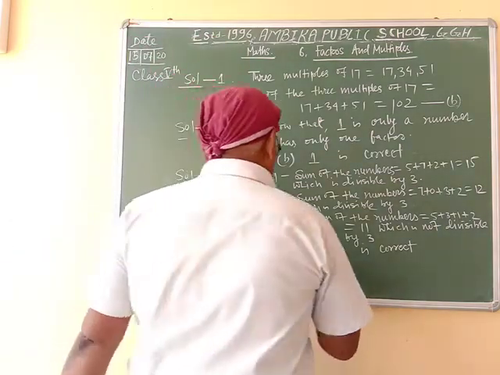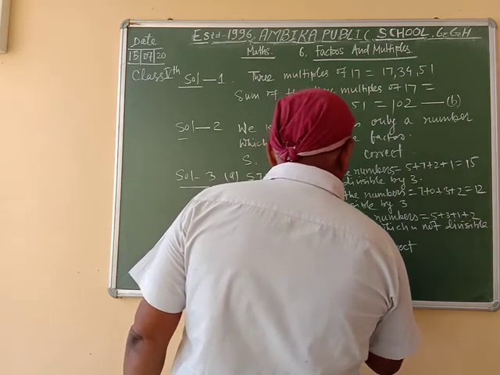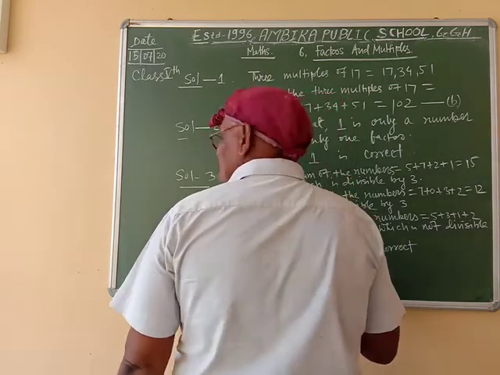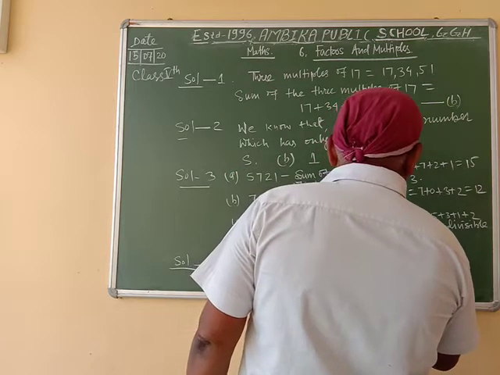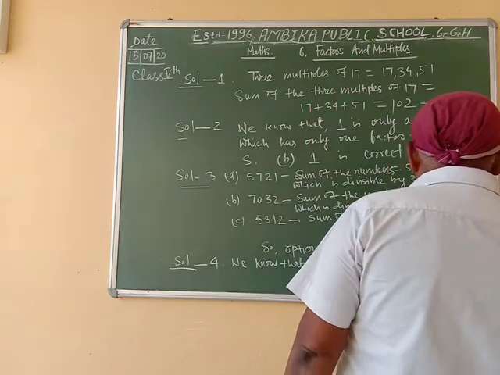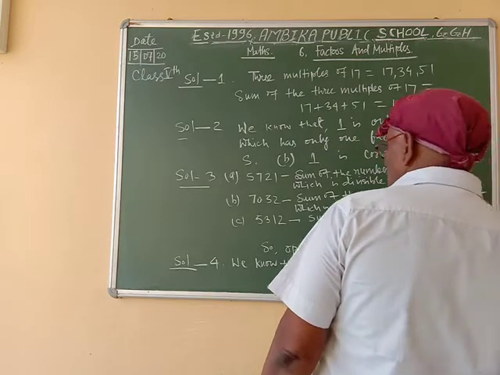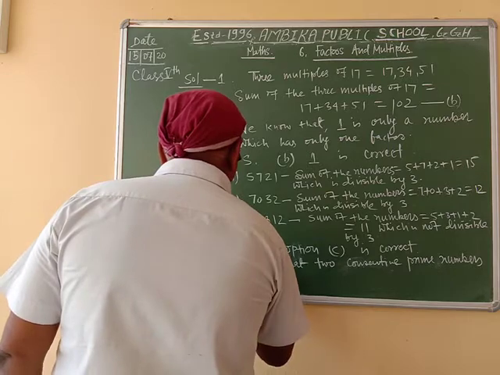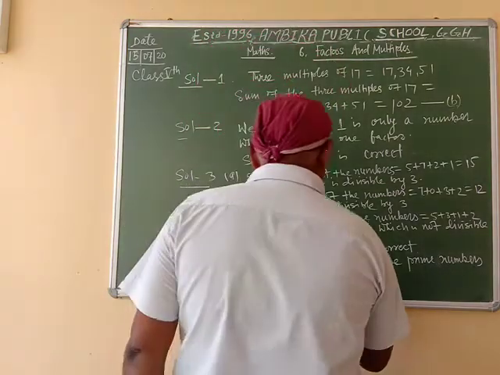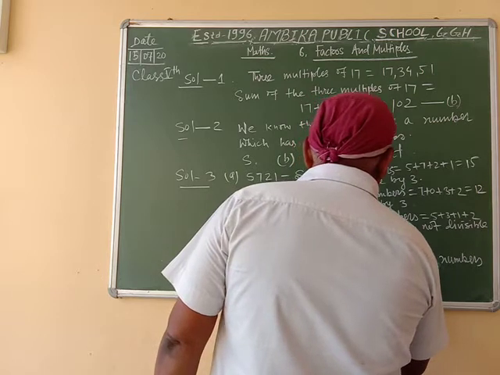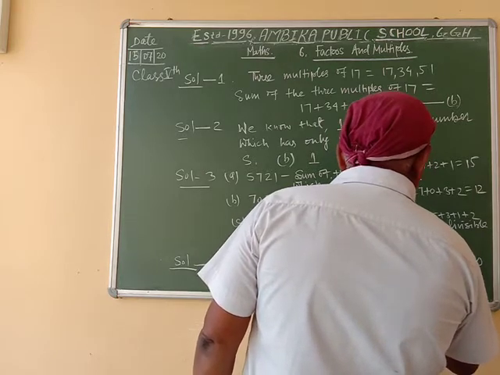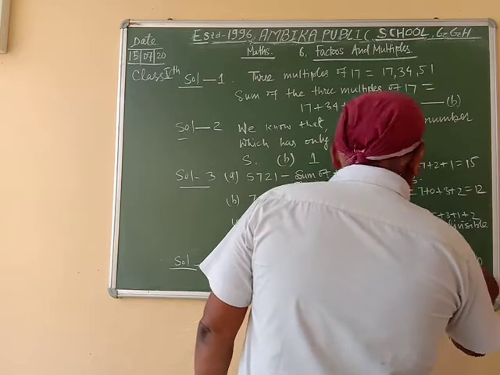Two consecutive prime numbers whose difference is 2 are called twin prime numbers.